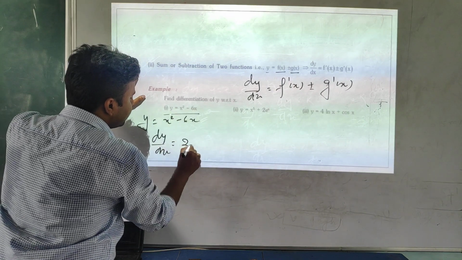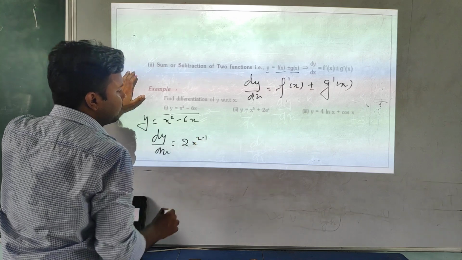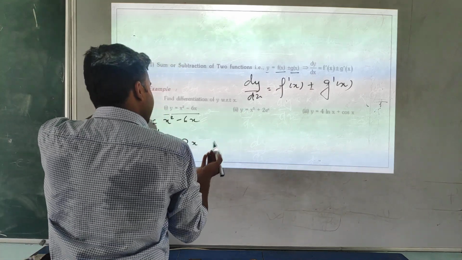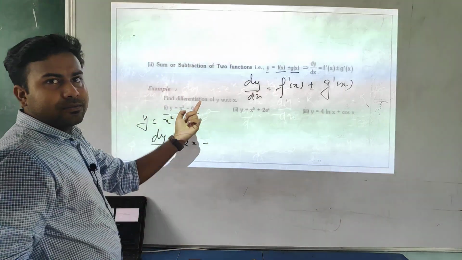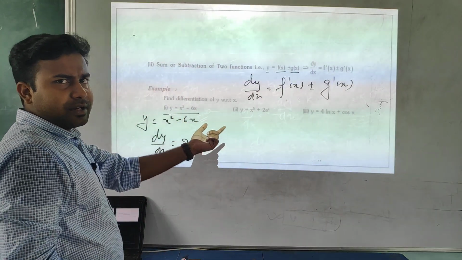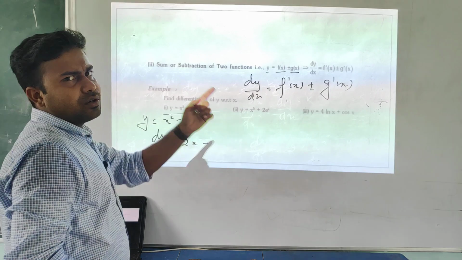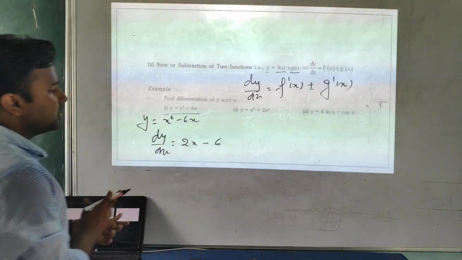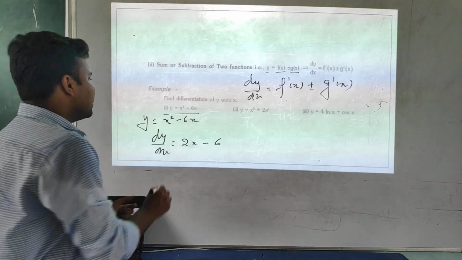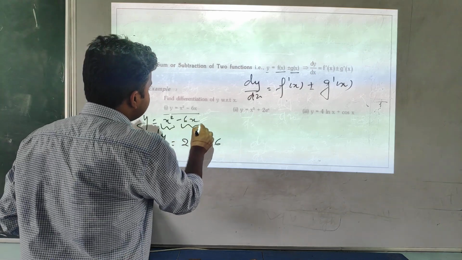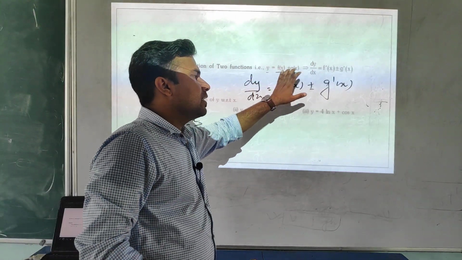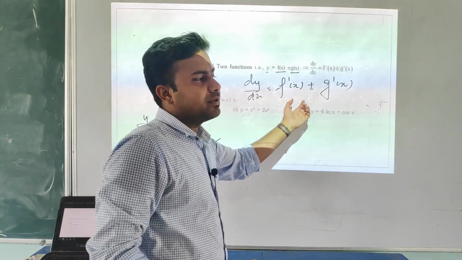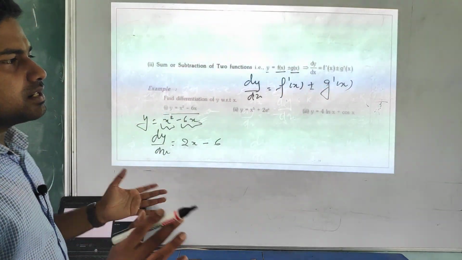Here n is 2, so 2x to the power 2 minus 1, which is 2x. Then for minus 6x, x to the power 1 gives 1 minus 1 is 0, and something to the power 0 is 1, so we directly write 6. So we are differentiating this function and this function separately. Simple. If two functions are given in addition and subtraction, you differentiate each function directly and then add or subtract.